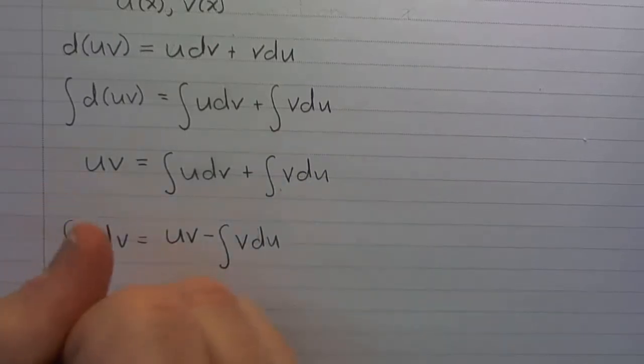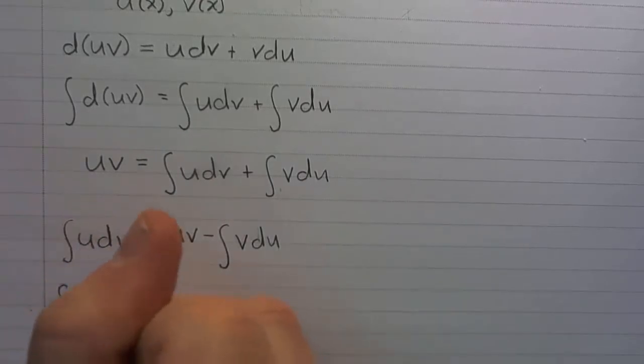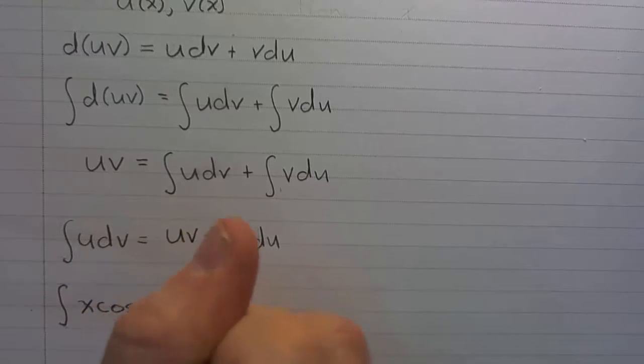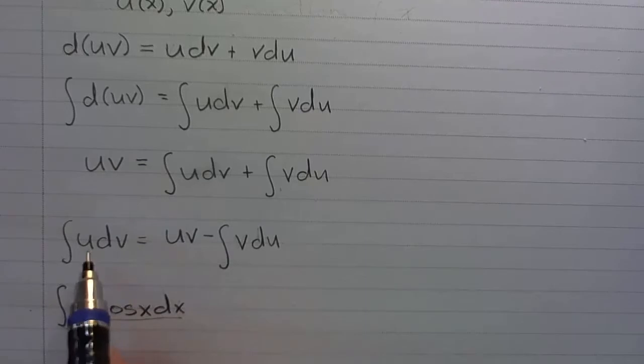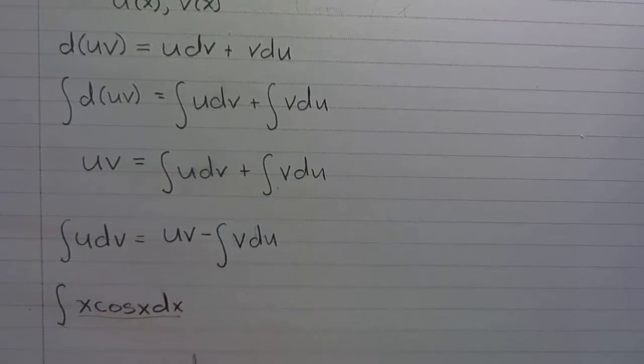So let's see how it's going to work. We've got our integral x cosine x dx. The way this works, integration by parts, I view all of this part right here as being two parts, a u part and a dv part. So here's the way I approach it.